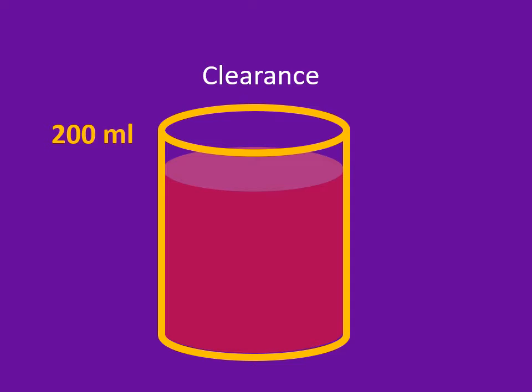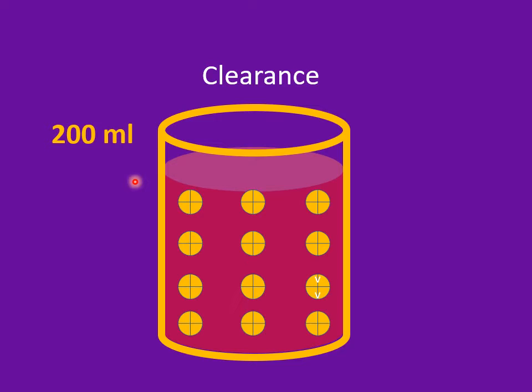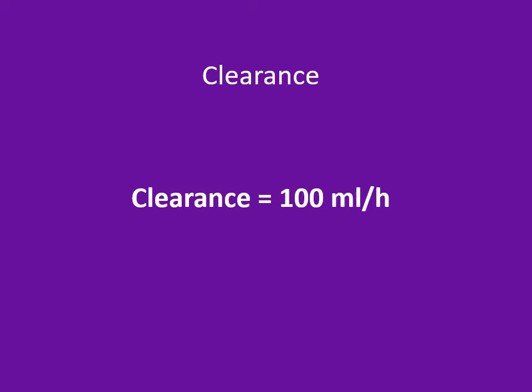So I'll try to explain the concept in a more graphical way. Let's imagine that we have 200 milliliters of plasma with a solute which is like little balls. We have 12 balls of solute in 200 milliliters of plasma, and after this plasma has gone through the kidney, it will suffer a clearance of the solute of 100 milliliters per hour.